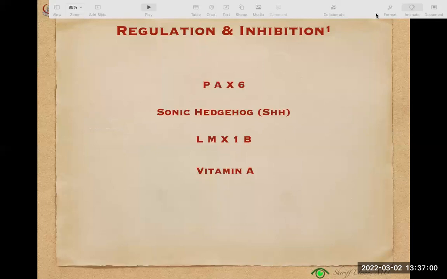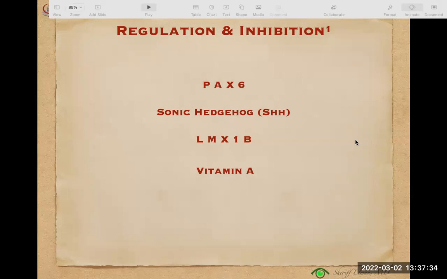Now we're finished describing the different organs, tissues, and structures of the eye, and we described how they develop from the three germ layers, the ectoderm, the mesoderm, and the endoderm. Now, we are going to describe the regulation and inhibition of different structures, which is a very complex process that depends on genetic expression.